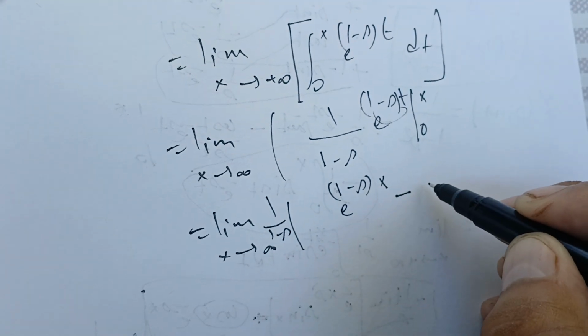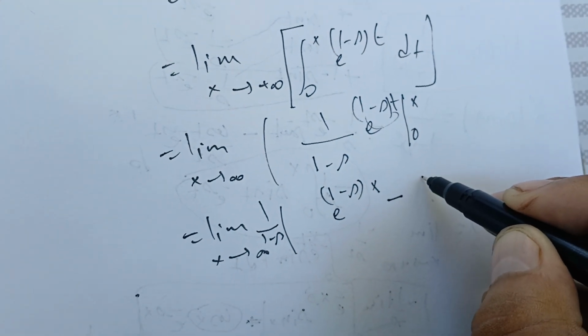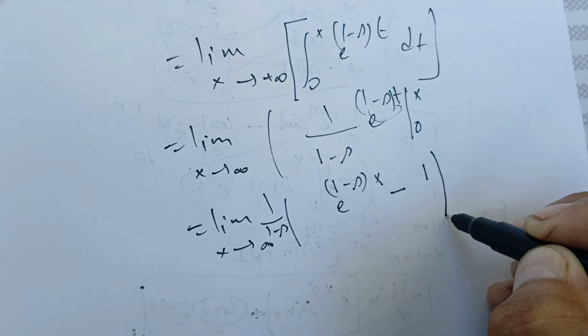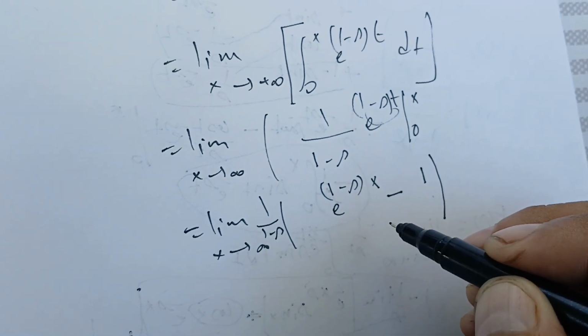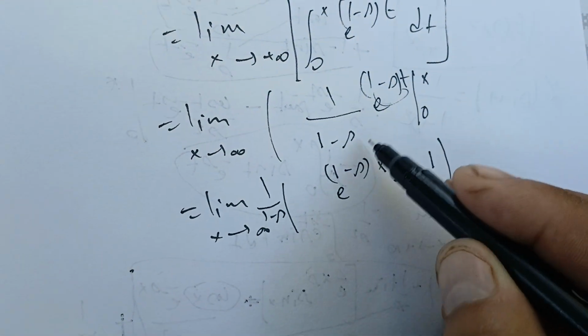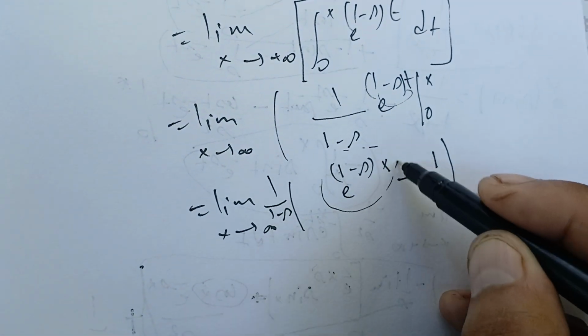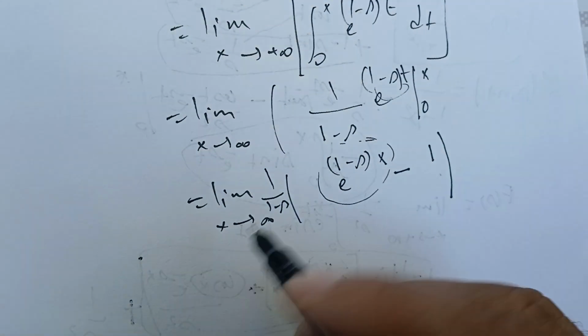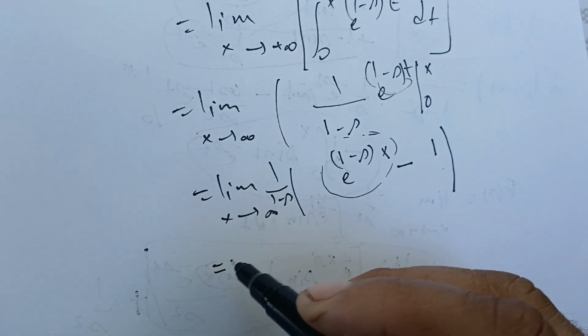So we have just 1. Okay, and this means that we care only about this limit. Let's in fact simplify this one more time.